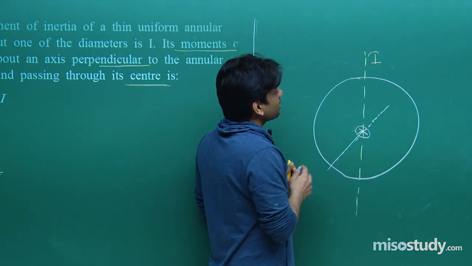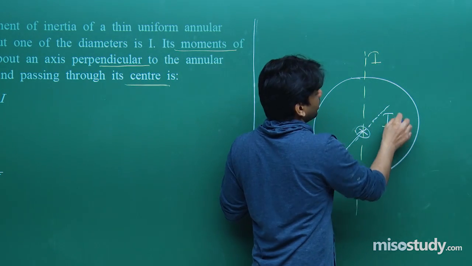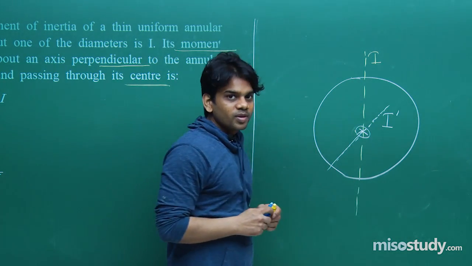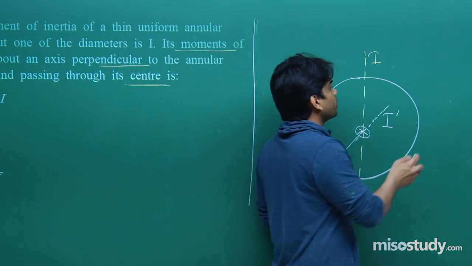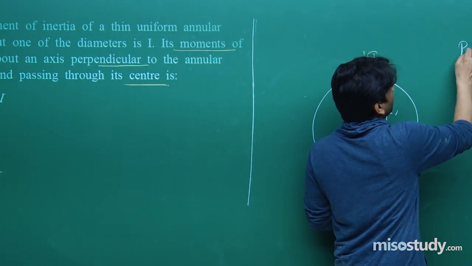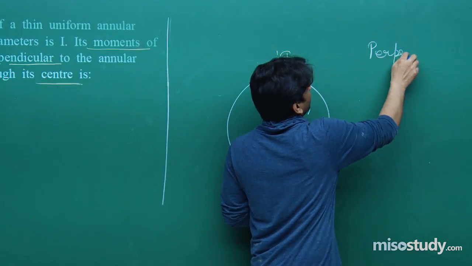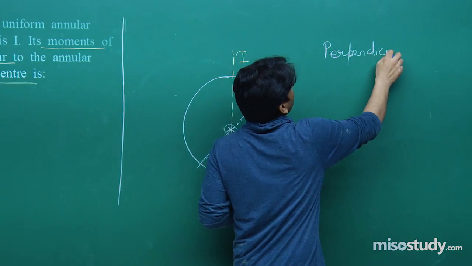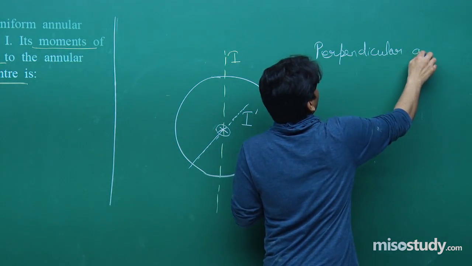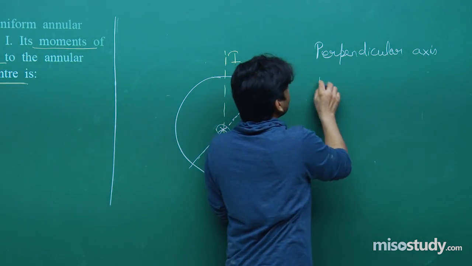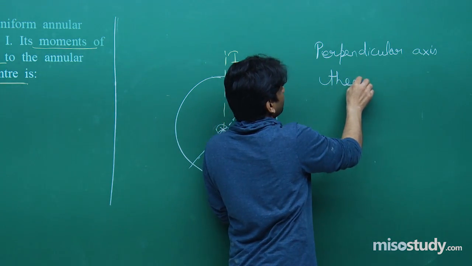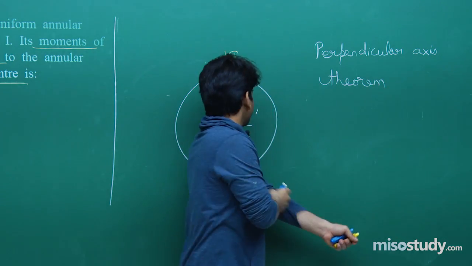Let's say about this it is I dash. Using the perpendicular axis theorem, which is applicable only for two-dimensional objects, let's use it.